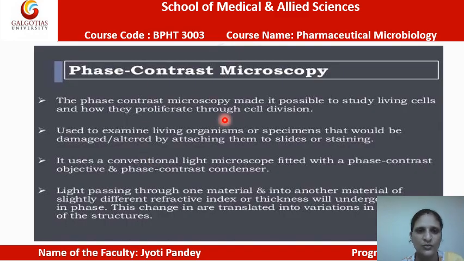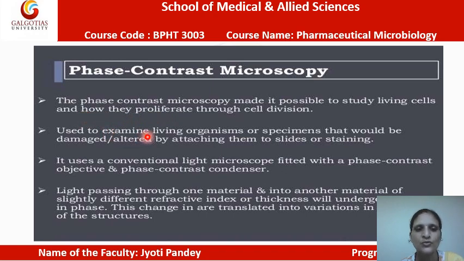Phase contrast microscopy made it possible to study living cells and how they proliferate through cell division. So cell division can also be studied with the help of phase contrast microscopy.